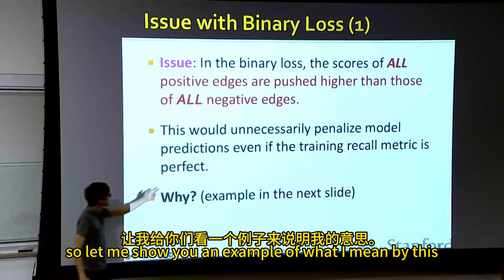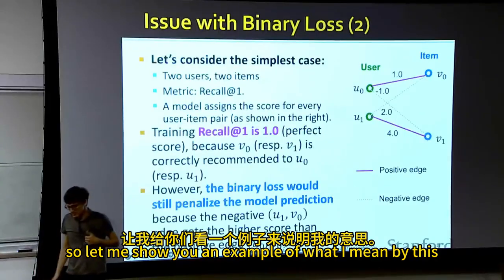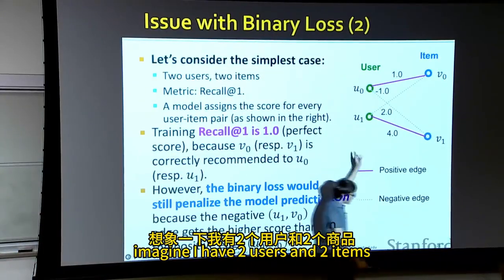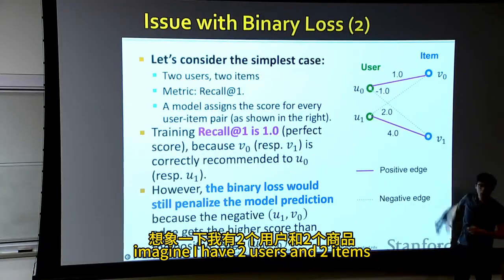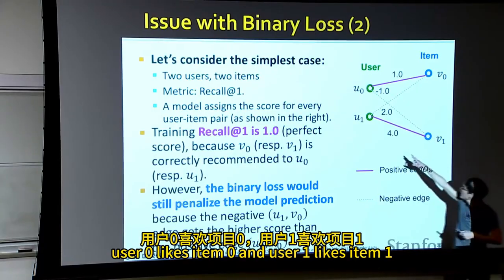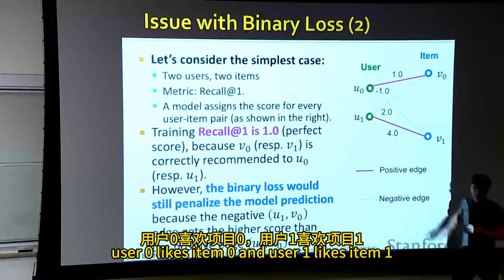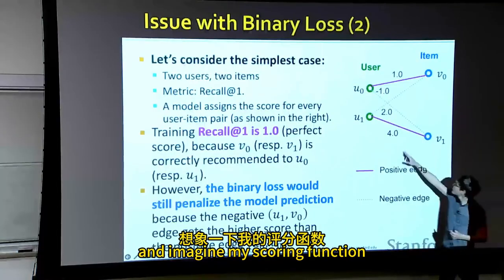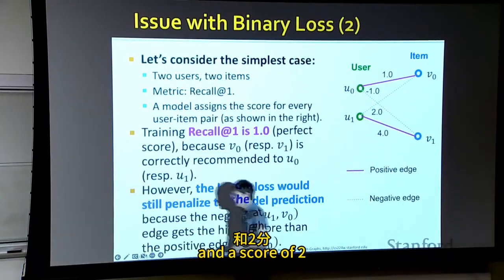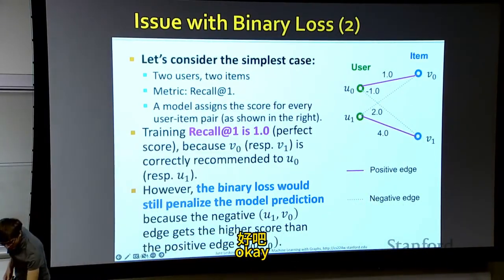Okay? So let me show you an example of what I mean by this. Imagine I have two users and two items. And imagine user 0 likes item 0 and user 1 likes item 1. And imagine my scoring function would say there is a score 4 on this edge and a score of 2 on the other edge.